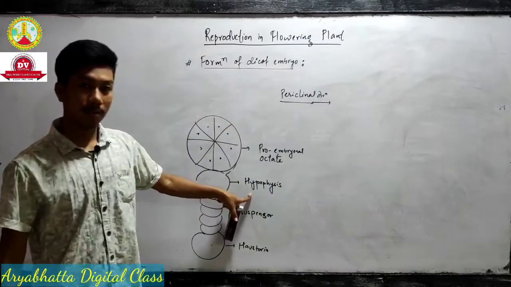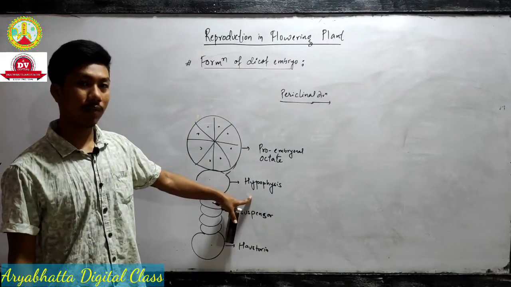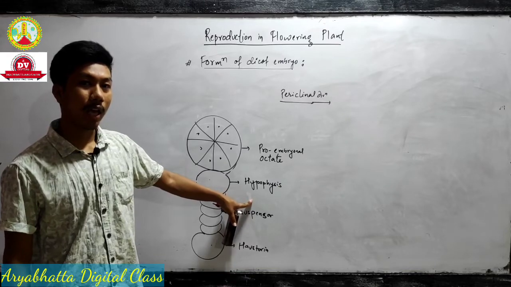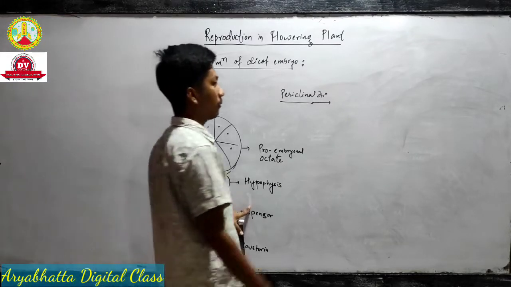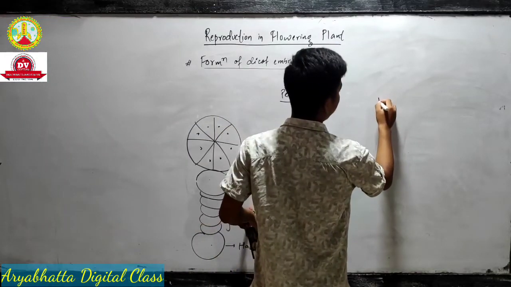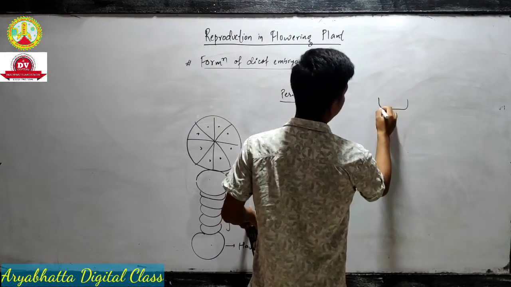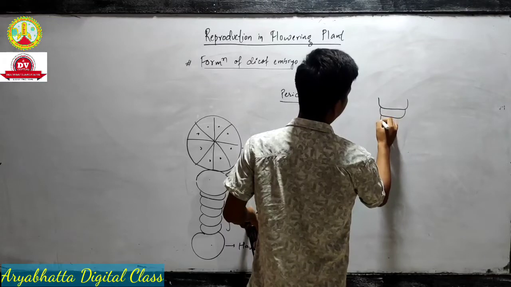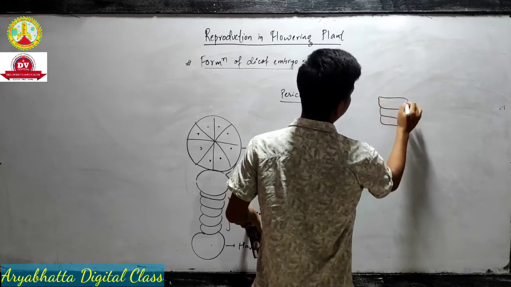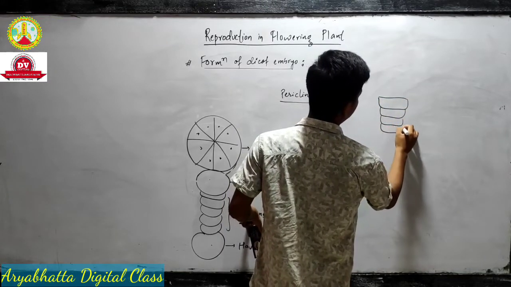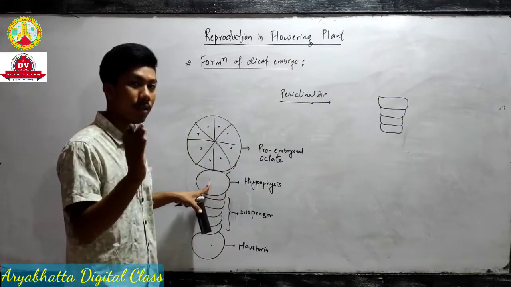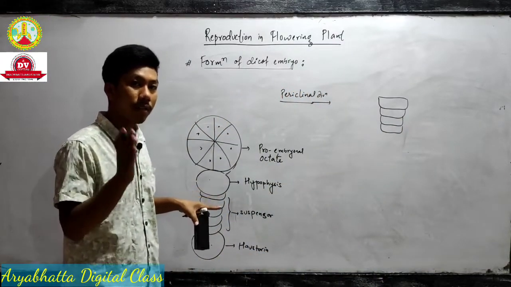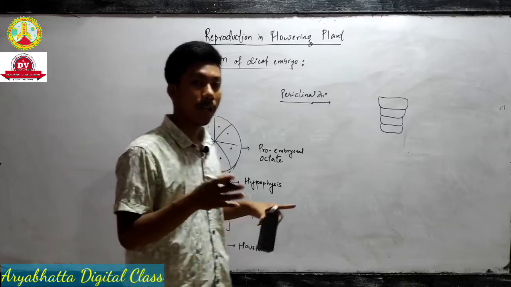The hypophysis cell divides into a group of 8 cells attached together. The hypophysis cell which was there results in a mass of 8 cells.